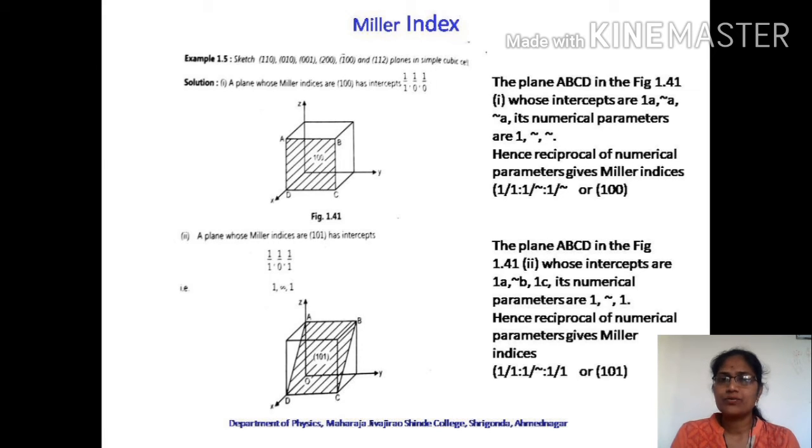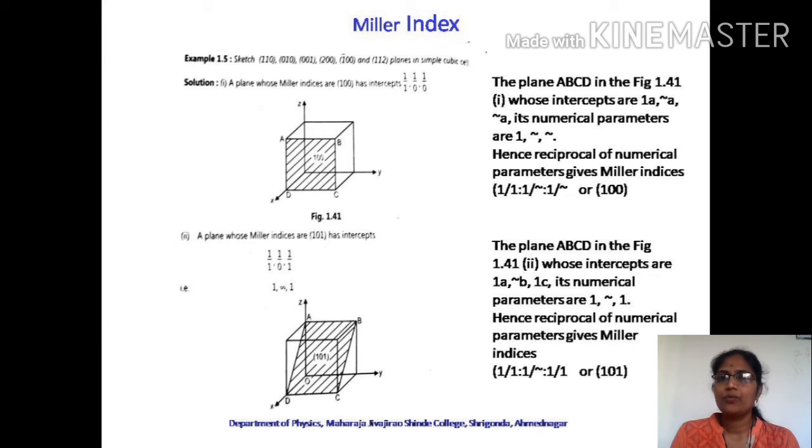The h value is 1, the k value is 0 and the l value is 1. Reciprocal of 1 comes out as 1 upon 1, reciprocal of 0 is 1 upon 0, and reciprocal of 1 comes out as 1 upon 1. It means that 1 upon 1 is equal to 1, 1 upon 0 is equal to infinity, and 1 upon 1 is equal to 1.